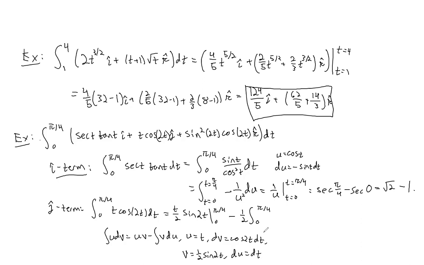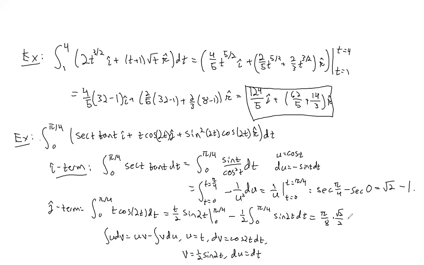So du times v, in this case, is just sine 2t dt. As you're doing this, in other words, sine of 0 is 0. So the first term over here becomes pi over 8 times sine of pi over 4 is root 2 over 2, or root 2 over 16, in other words.